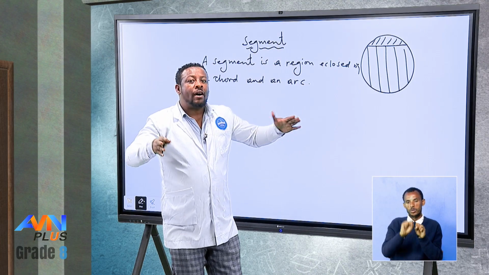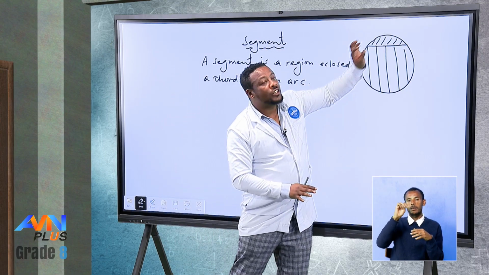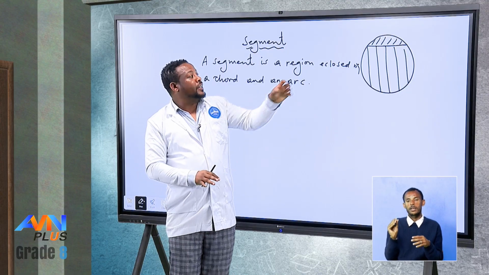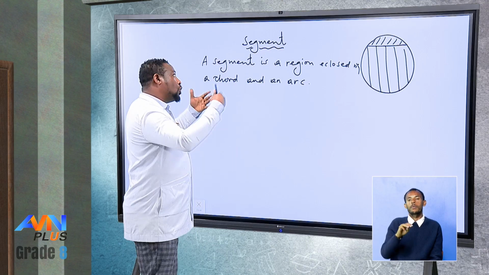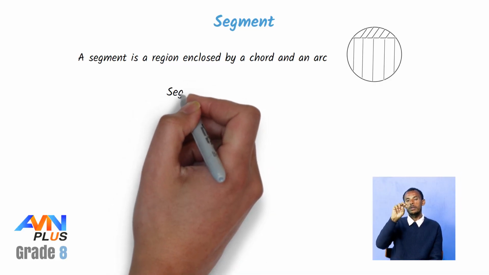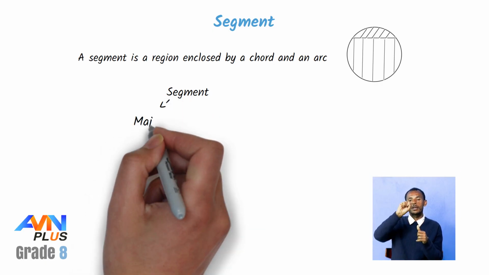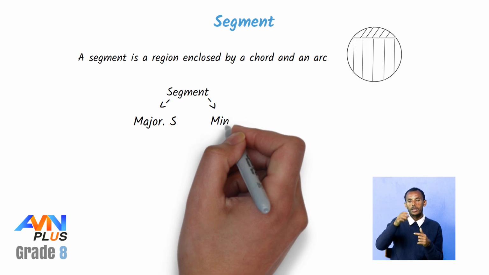So you will have two types of segment, okay? The smaller region, which is considered a minor segment, and the bigger region, which is considered a major segment. So you classify segment as major segment and minor segment, okay.